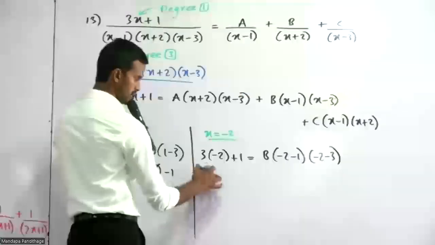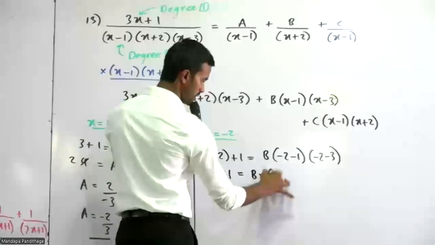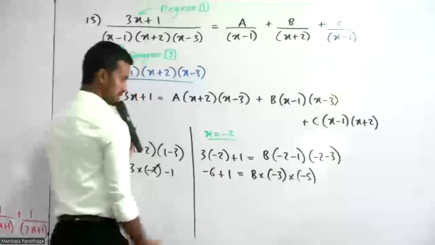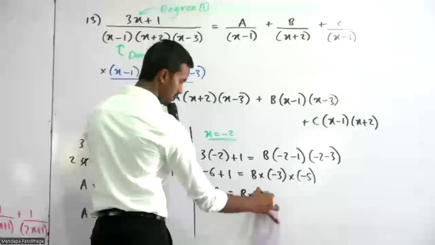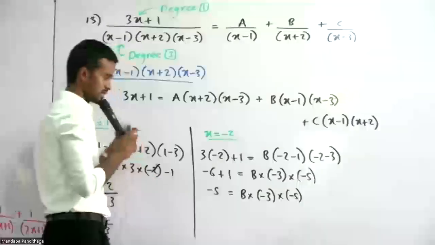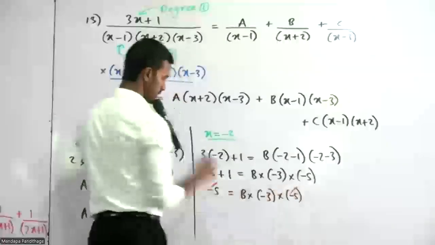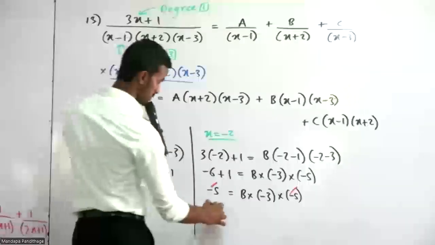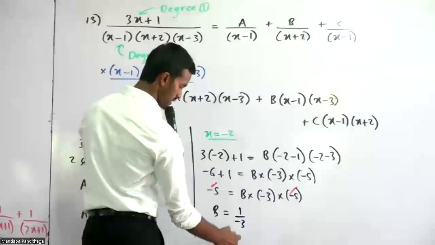Clear? Minus 6 plus 1 is equal to B into minus 3 into minus 5. So when you simplify, it's minus 5 into B, minus 3 into minus 5. So minus 5 cancels off, and you can find B, and then you can easily find C. Clear? So B is equal to 1 over minus 3, which is minus 1 over 3.